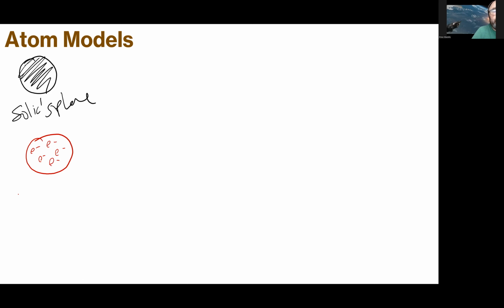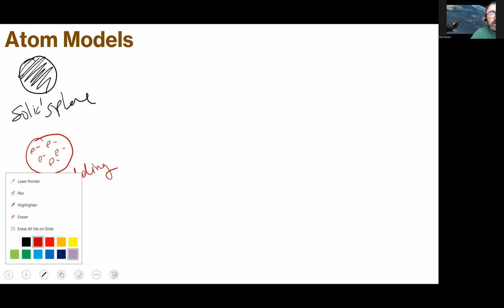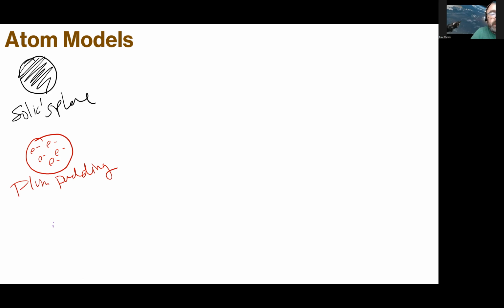So now we have a plum pudding model. Then Rutherford came along and did his gold foil experiment and said, really, we have a nucleus with a positive charge where all the mass is, and the electrons are out here, and it's mostly empty space, and we have a nuclear model, or the Rutherford model.